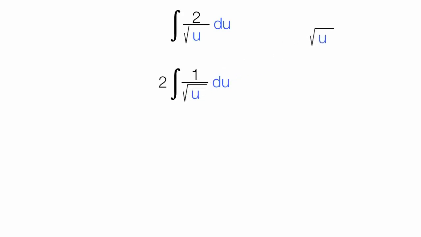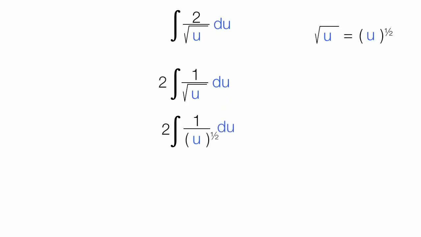And this square root of u is equal to u to the 1/2 power. So I have 2 times the integral of 1 divided by u to the 1/2 power du. I can also write this as 2 times the integral of 1 times u to the negative 1/2 power du.